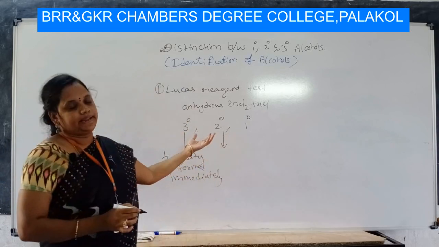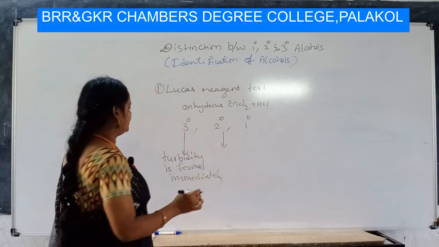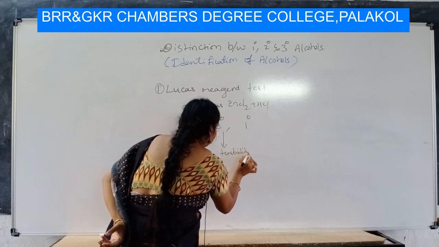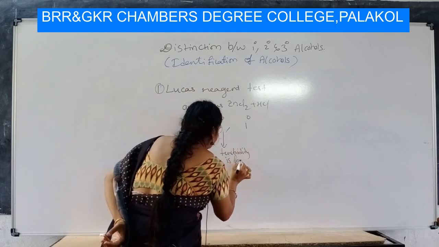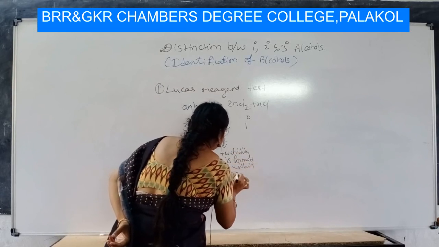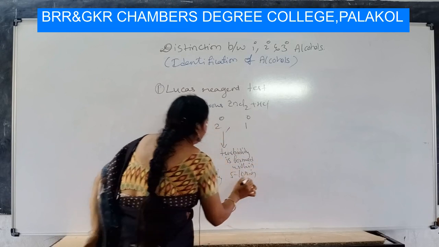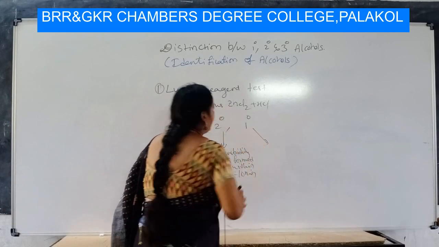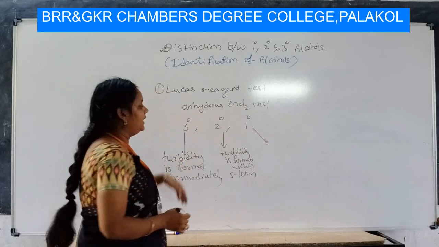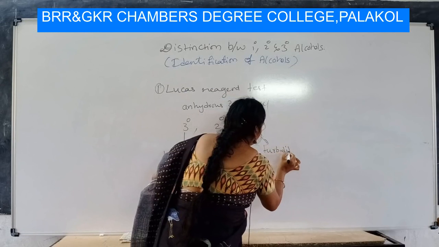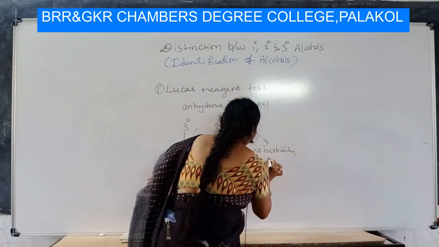If you take secondary alcohol and add Lucas reagent, turbidity is formed within 5 to 10 minutes. If you take primary alcohol and add Lucas reagent, no turbidity is formed.